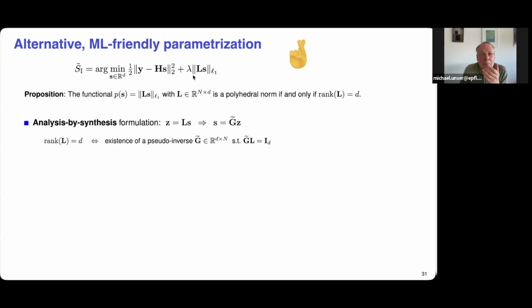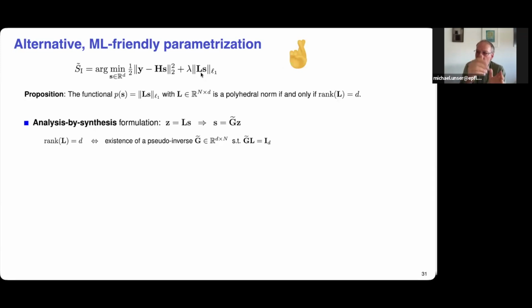The solution, maybe go back to the initial form. The initial form, we had here our inverse problem. This is the so-called analysis version, where we have a regularization operator in a handcrafted framework.